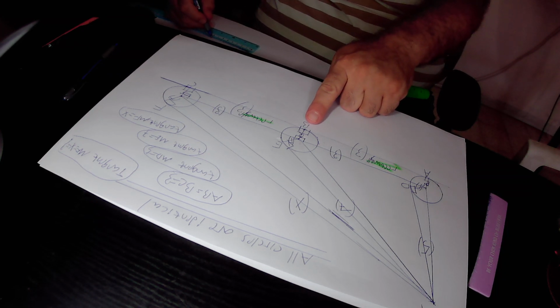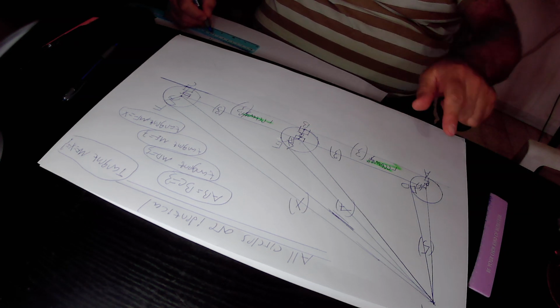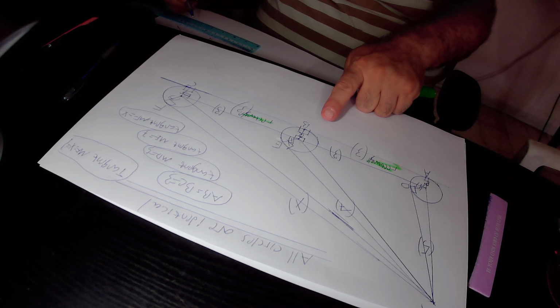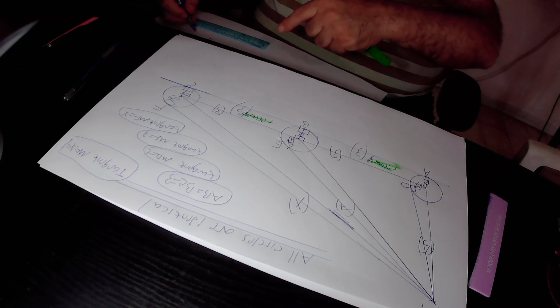This is point Q. We just write down the formula that PQ equals 3 and QS also equals 3 units in its length.